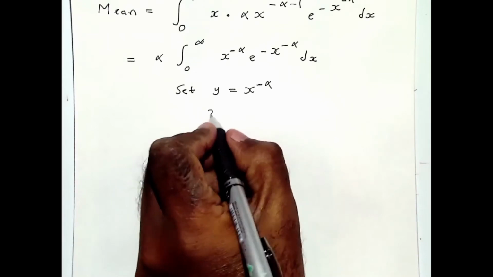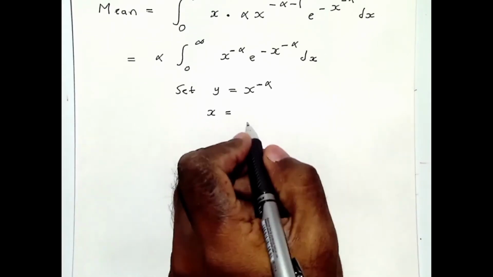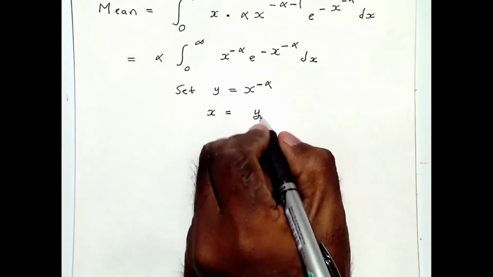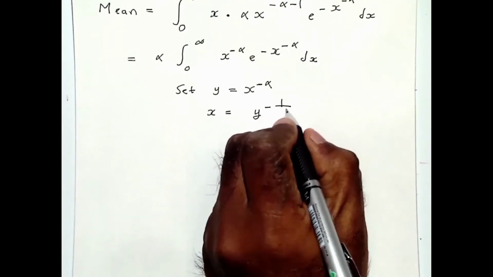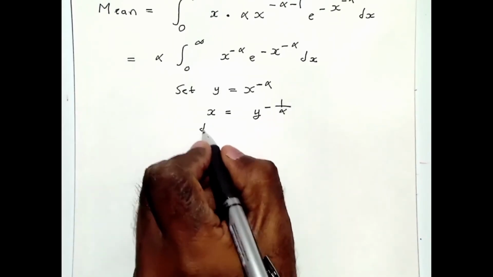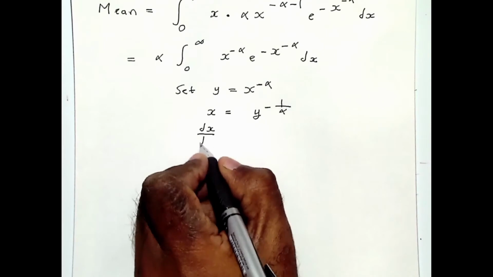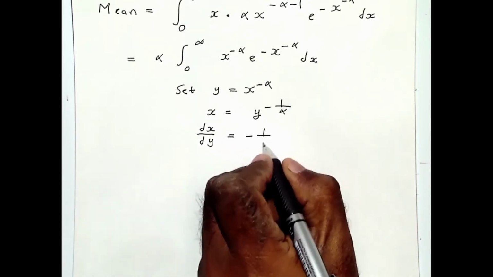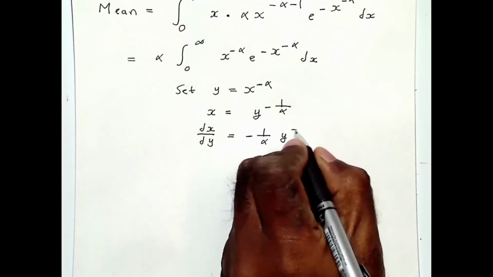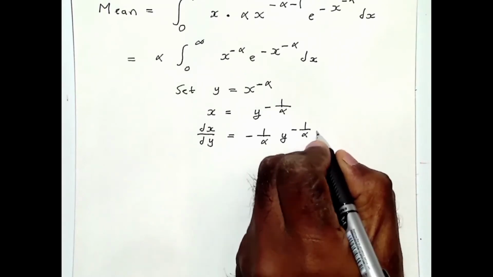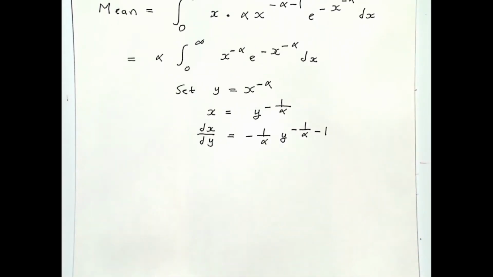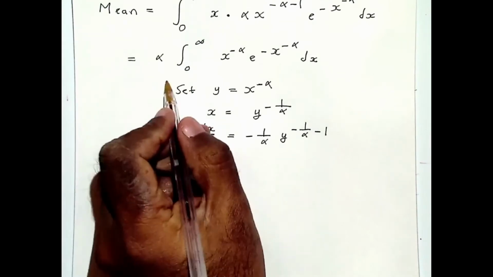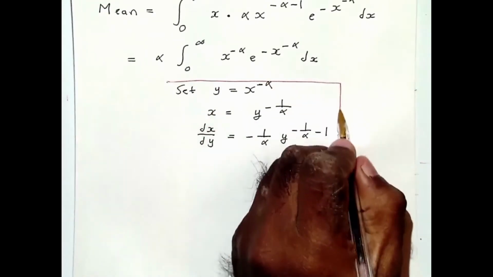So x will be this, and dx by dy is this. Alright, so let me put this in a box.